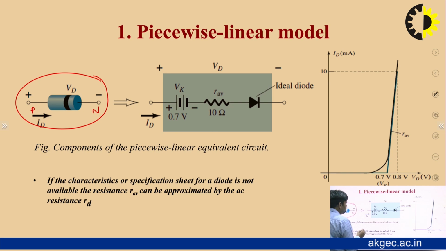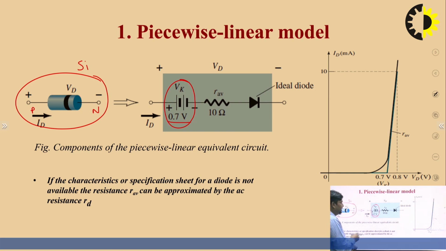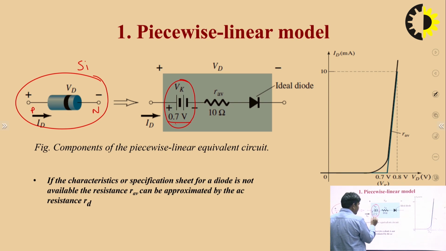What is the equivalent voltage? If this is a silicon diode, we replace it with the cut-in voltage source in this configuration, and the voltage is 0.7 volt for a silicon diode. For a germanium diode, the value is 0.3 volt.